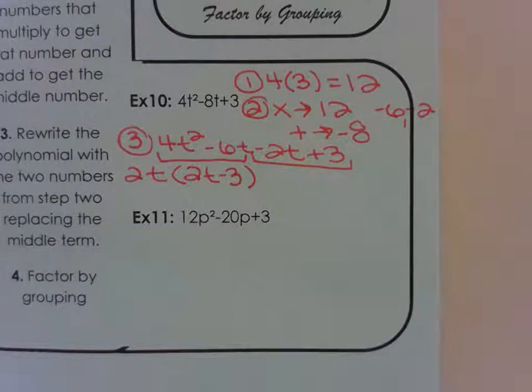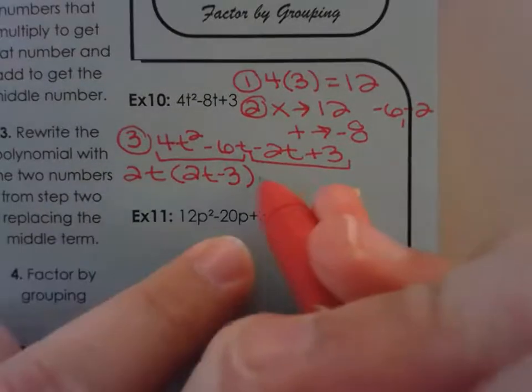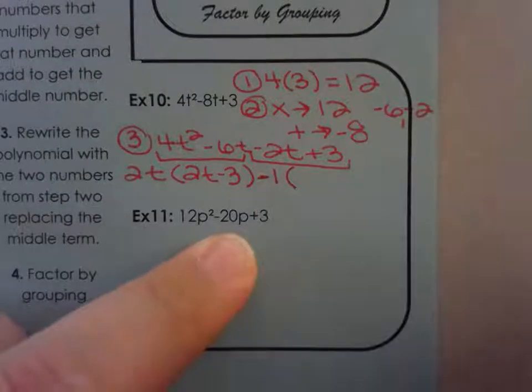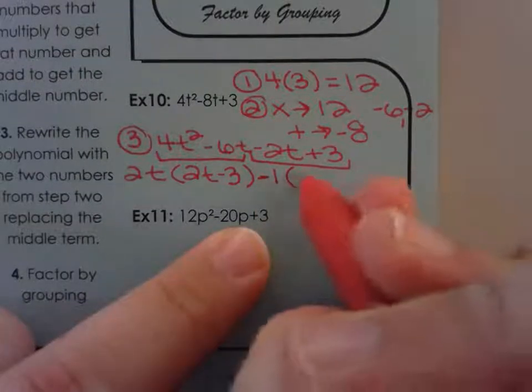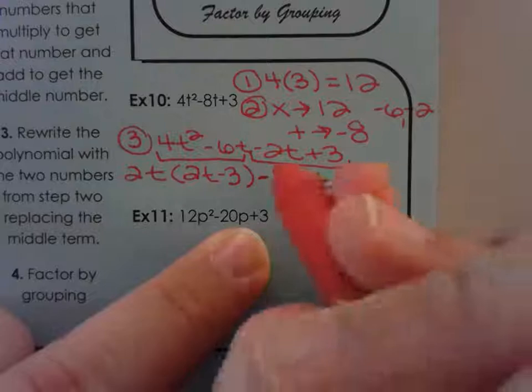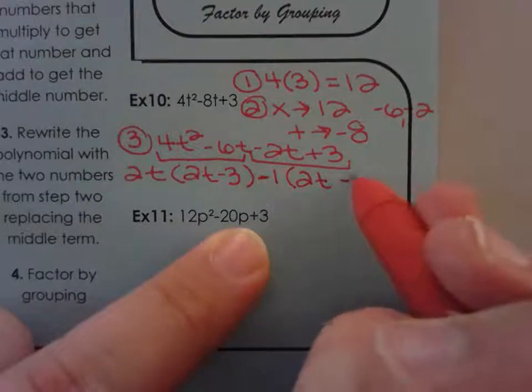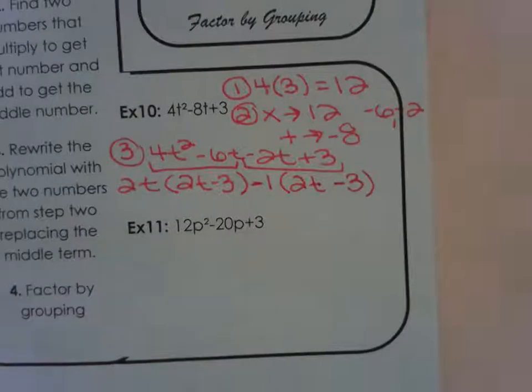I notice I have the same numbers, but what's different? The signs are different. So what can I factor out that will switch the signs? Negative 1. A negative 1 times a positive 2t gives me a negative 2t. A negative 1 times a negative 3 gives me a positive 3. So that switches the sign for me.